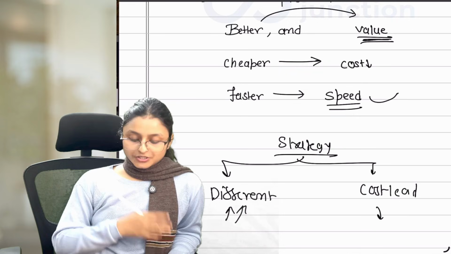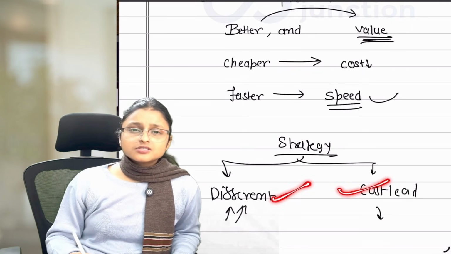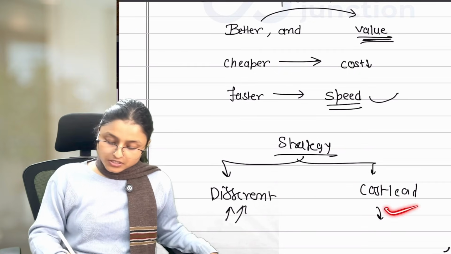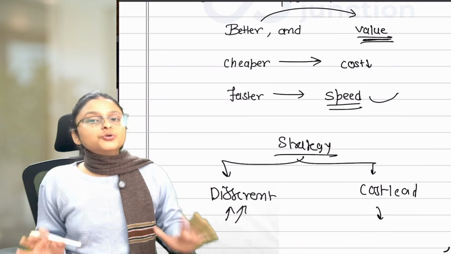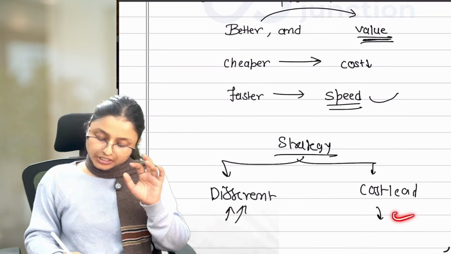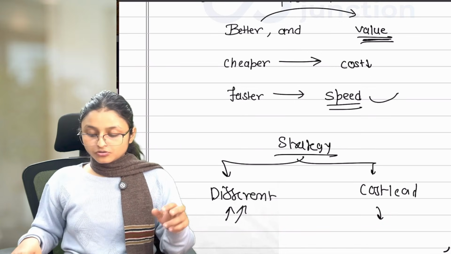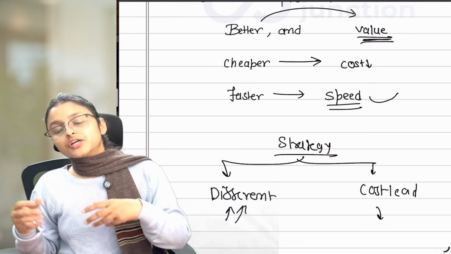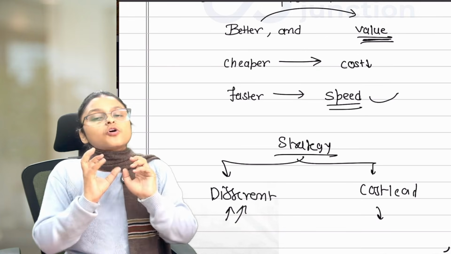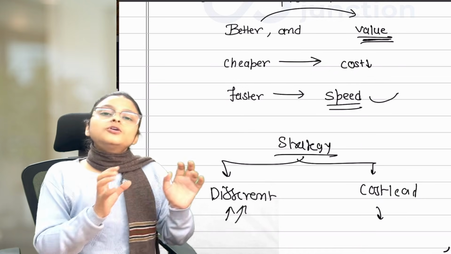Now let me just tell you. When you are a differentiator or a cost leader, in both the situation, will you not try to reduce your cost? In cost leadership, we have to do it because our main aim is becoming a cost leader. So we need to do that cost reduction. But the thing is, in differentiation also, even if I'm providing something different to the customer, if I'm able to reduce somewhat cost of my raw material without reducing the quality, will I not do that?